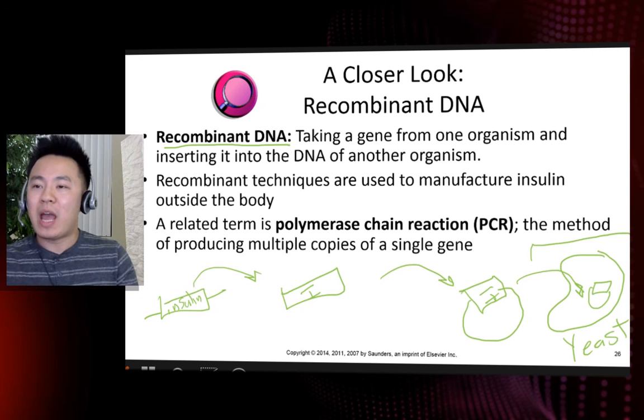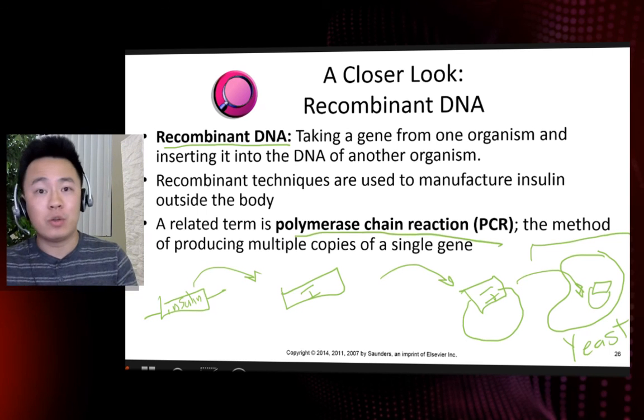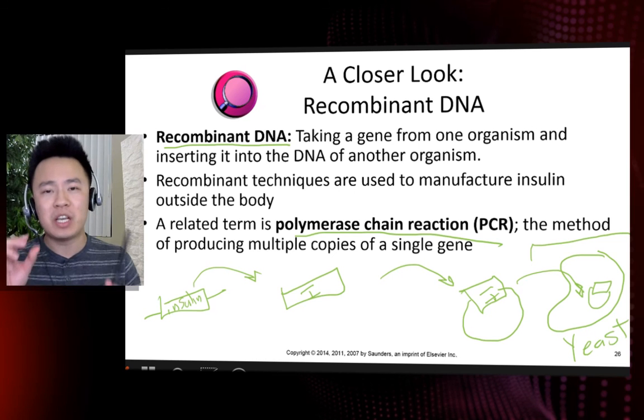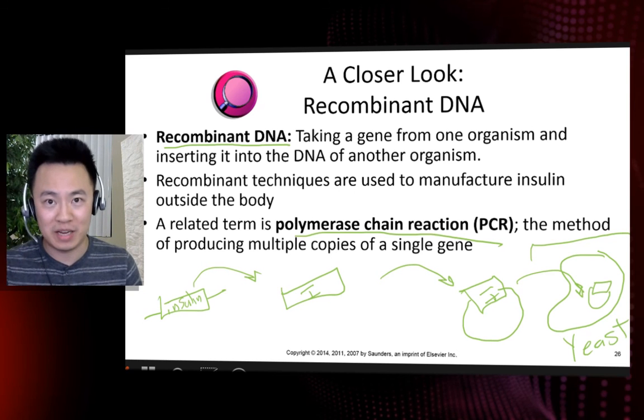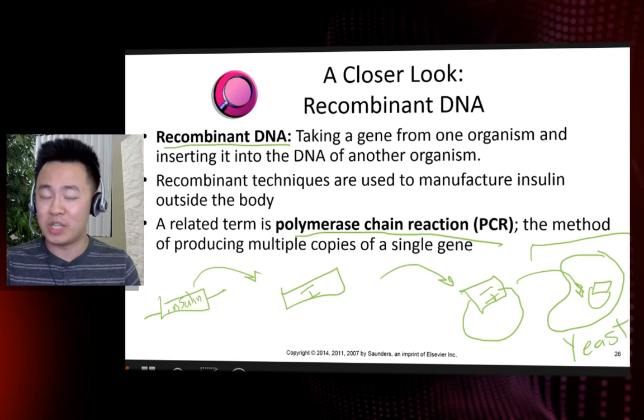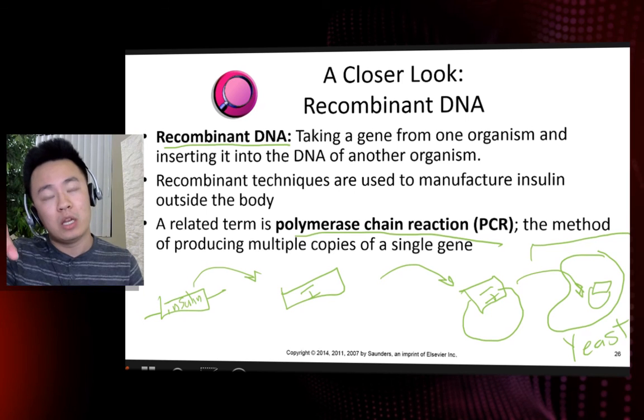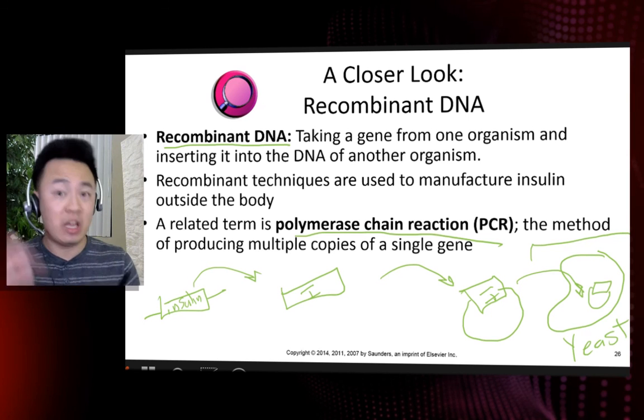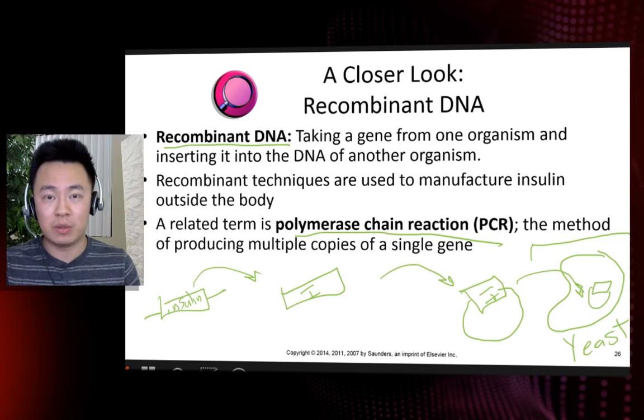Okay, we also have here polymerase chain reaction, also known as PCR. Say we discover the gene for anti-aging. Okay, we discover that particular gene in another plant or another organism, and we want to use it for ourselves, for example. So a scientist would take out that particular gene when they've discovered it, and make multiple copies of that particular gene.